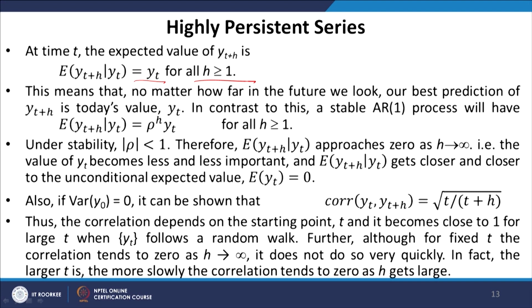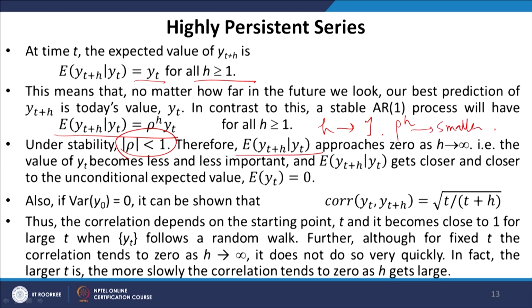In contrast to this, a stable AR1 process will have the expected value of yt plus h conditional upon yt equal to rho raised to the power h times yt for all h greater than or equal to 1. And since stability requires the mod value of rho to be less than 1, you can see that as h increases, rho raised to the power h becomes smaller, right.